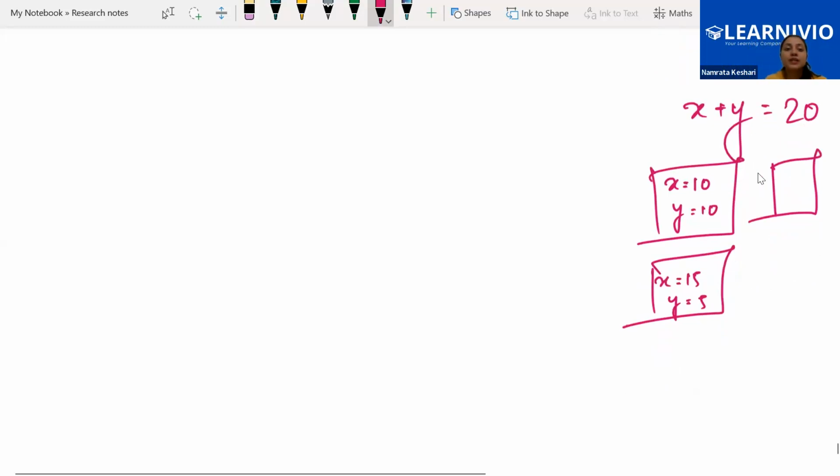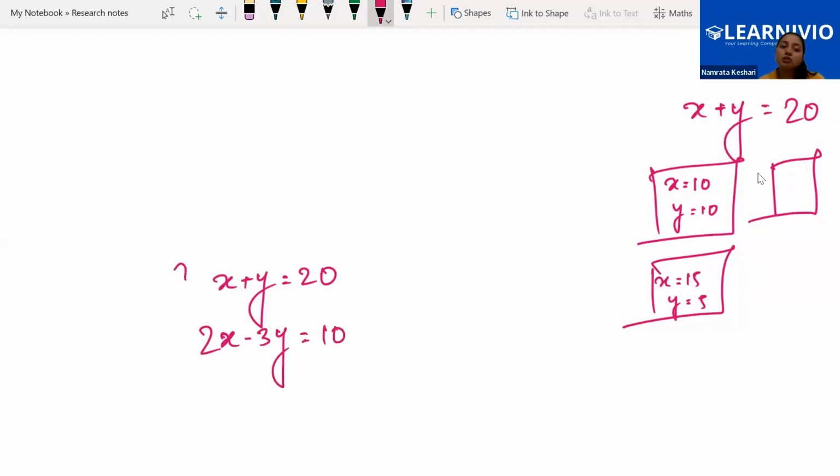So we will have a pair of equations, that is x plus y is equal to 20, and one more equation, that is 2x minus 3y is equal to 10. Now find such an x value and such a y value which will satisfy this one also and this one also.